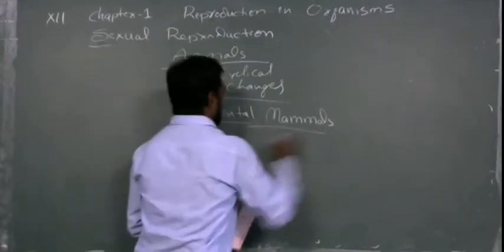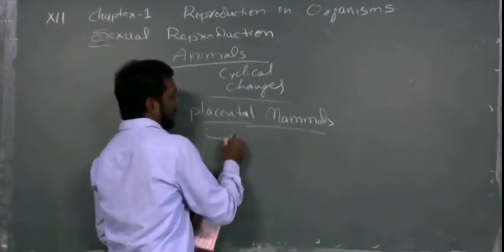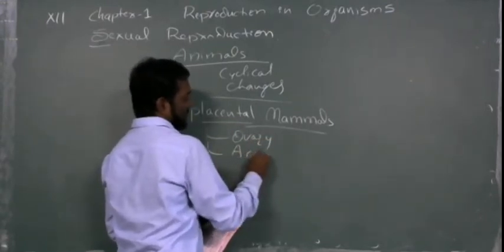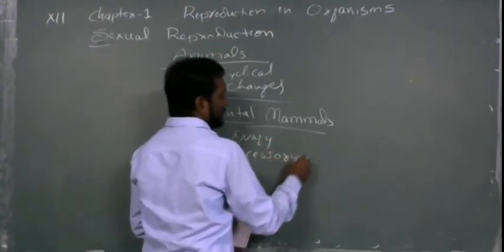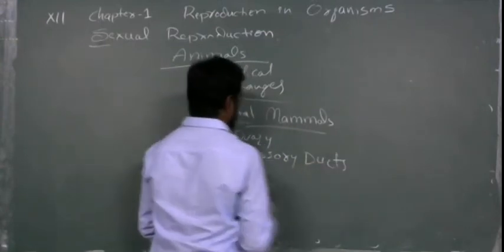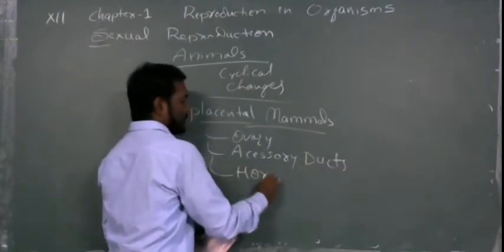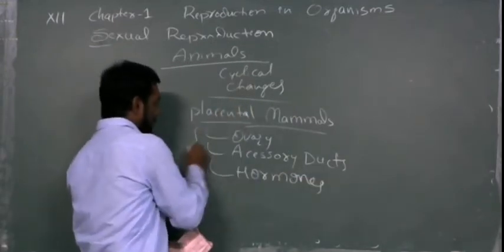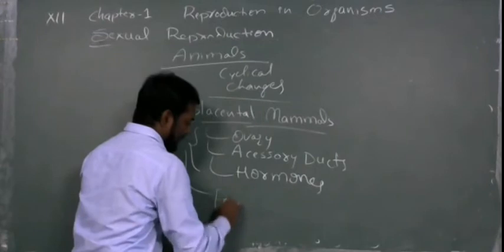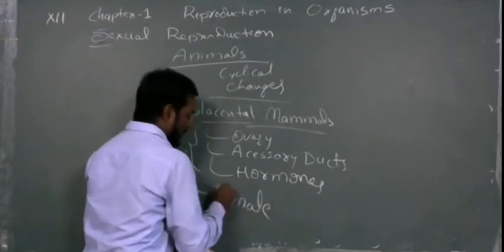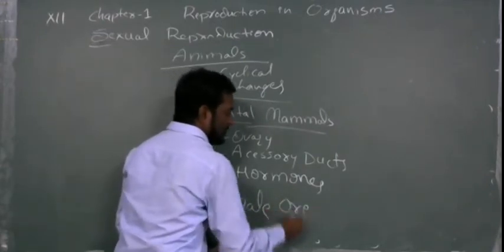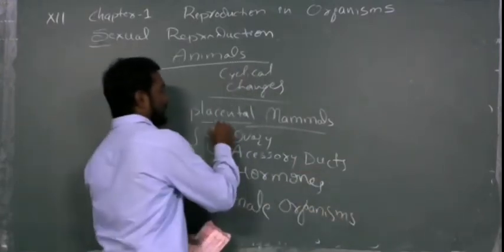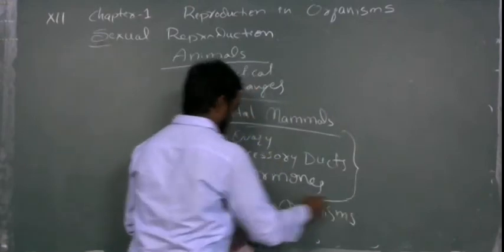Because they have ovaries, accessory ducts, and hormones. This will be seen especially in the female organisms, not compared with males.